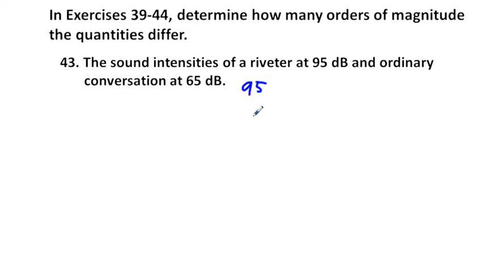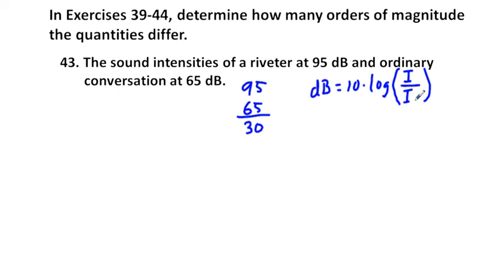If we take our difference and take 95 and subtract from it 65, we get 30. Well, what happens for the decibel scale is like this. Your decibel measurement is 10 times the logarithm of the ratio of the sound intensity I over I sub 0. And I sub 0 is 10 to the negative 12 power watts per meter squared.